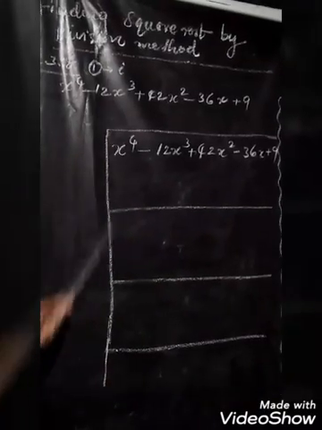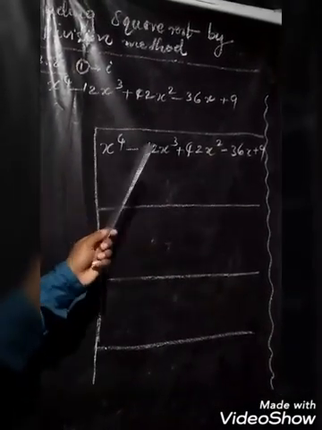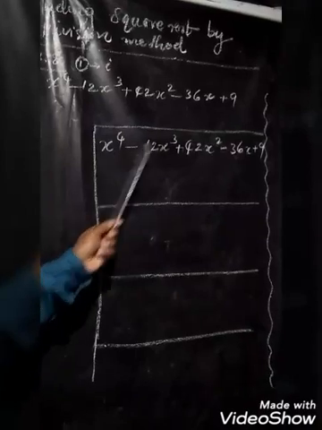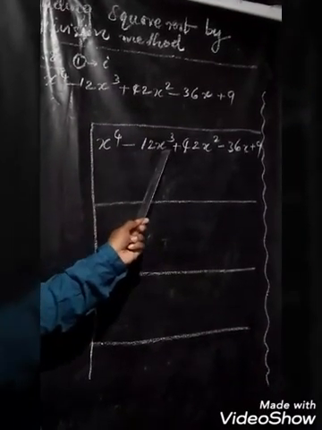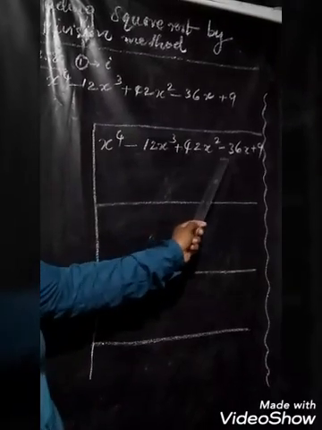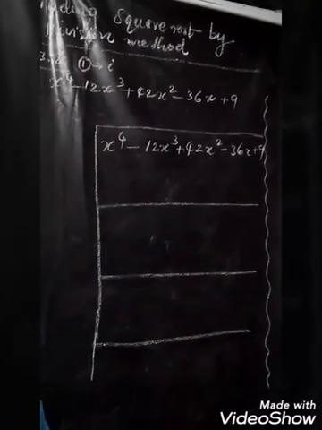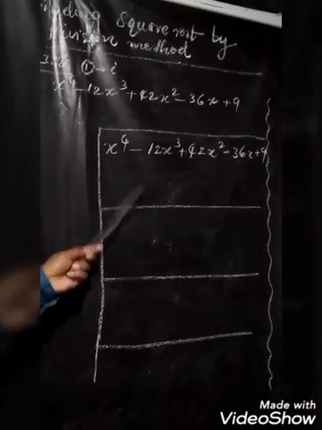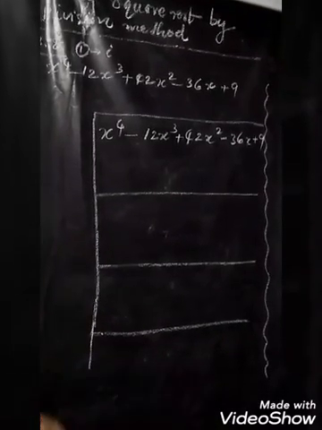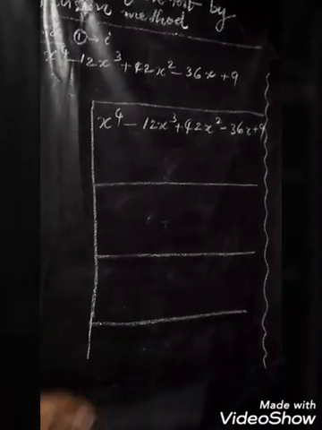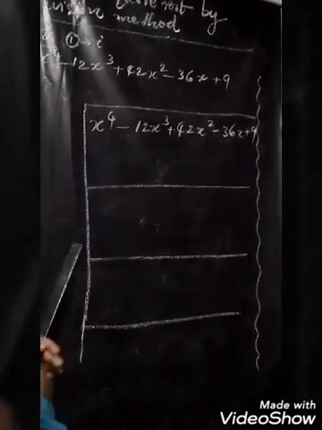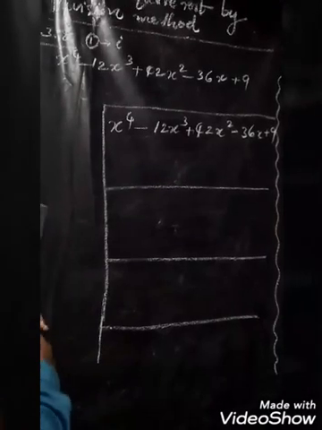First of all, write the given polynomial inside the division symbol: x power 4 minus 12x cube plus 42x square minus 36x plus 9. Here there are 3 stages of division: first stage, second stage, third stage. In the first stage, let's start the division.